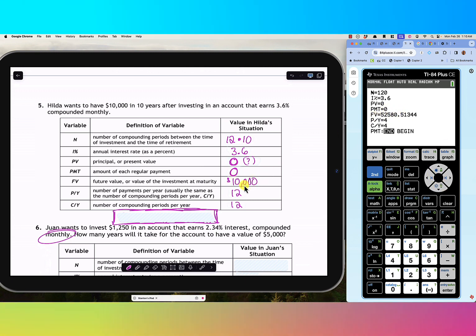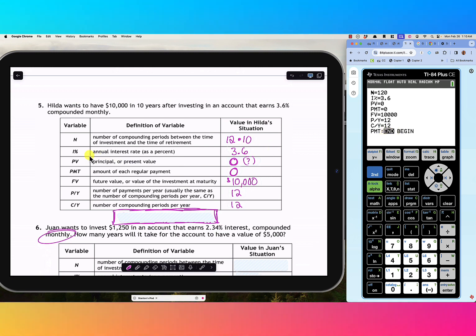Future value, we know it's 10,000, so let's type that in. And then the last two lines, P/Y and C/Y, are both 12. So go to the next line, put 12. Next line, put 12. And again, we keep the payment as end.